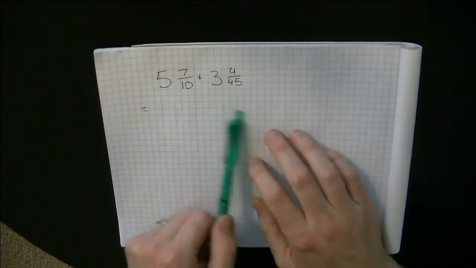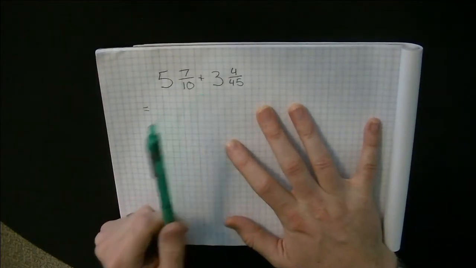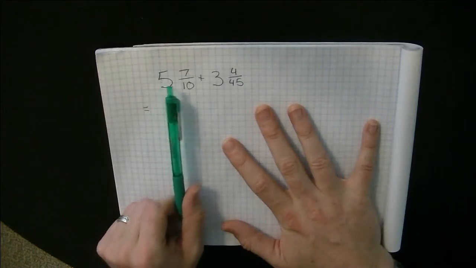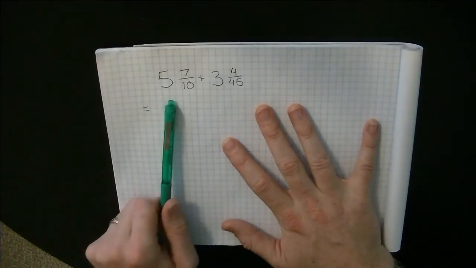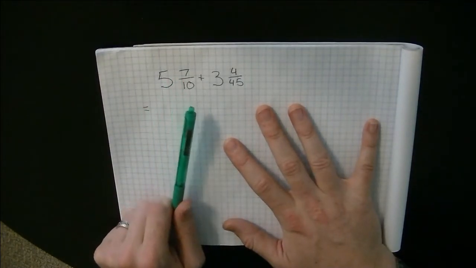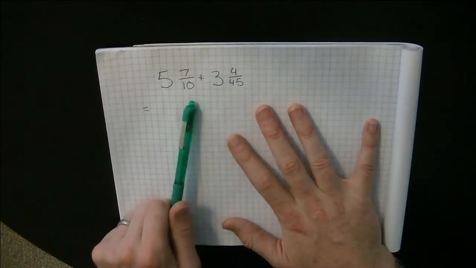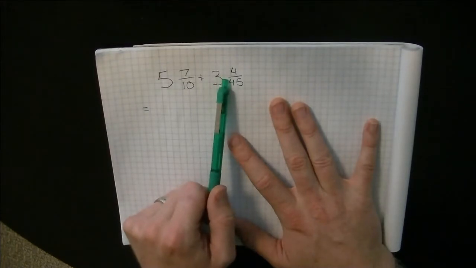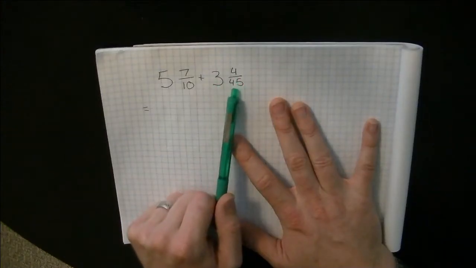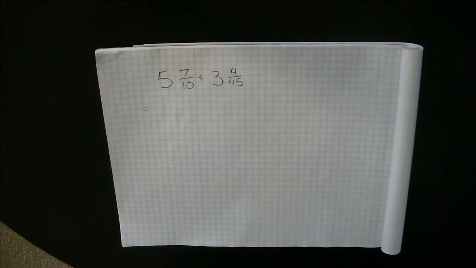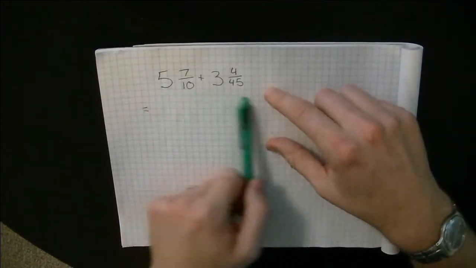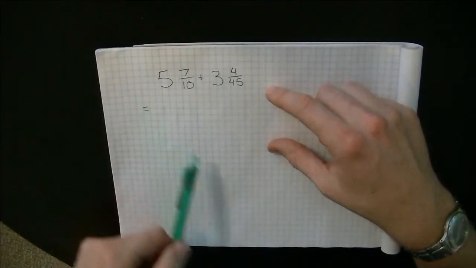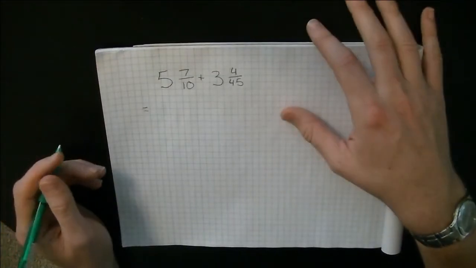One of the important things to remember when it comes to mixed numbers is what they really mean. 5 and 7/10 is really saying 5 plus 7/10, right? And 3 and 4/45 is, of course, 3 plus 4/45. And one of the nice things to remember about addition is we can change the order of addition and we don't have to worry, right?